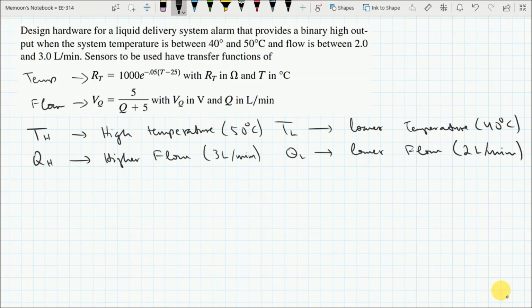So your output should be high if TH bar dot TL dot QH bar dot QL. This means that when your temperature is higher than the lower value of that range, your alarm system will turn on, but it should turn off when it is higher than the higher limit of that range. So giving TH bar here, and same goes for your flow sensor.